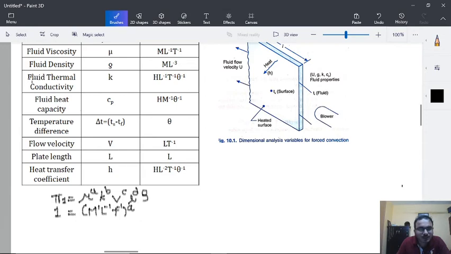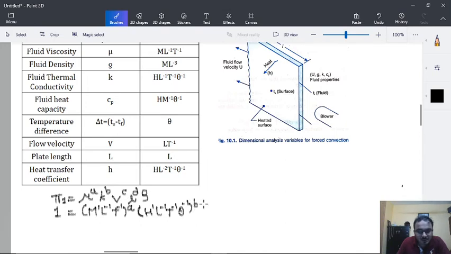Then we will have fluid thermal conductivity K, that is H1 L minus 1 T minus 1 theta minus 1 to the power b.